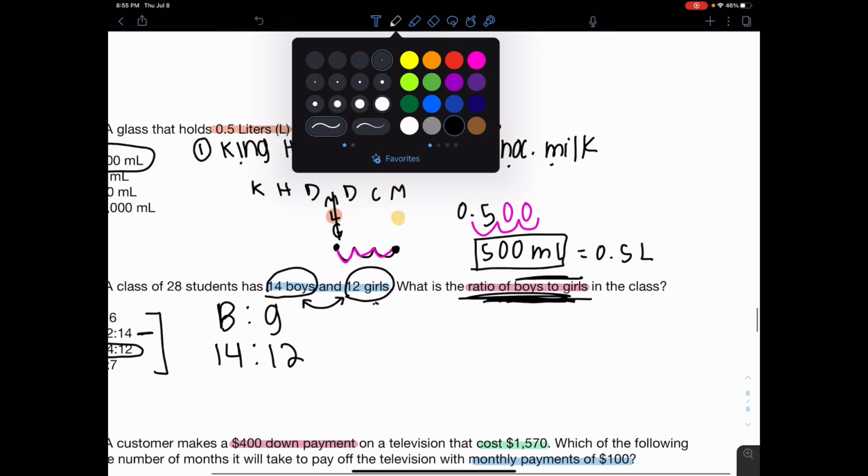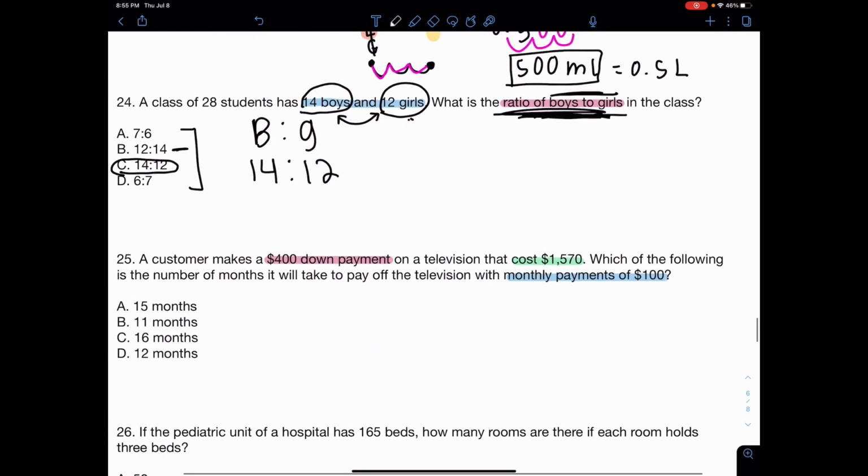So, if the TV costs $1,570 and you made a down payment of $400, that is going to leave you a total of $1,170.